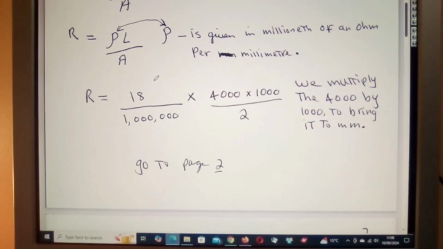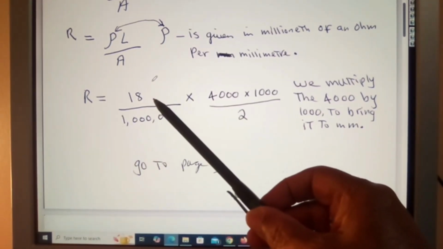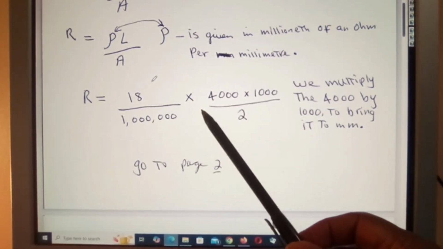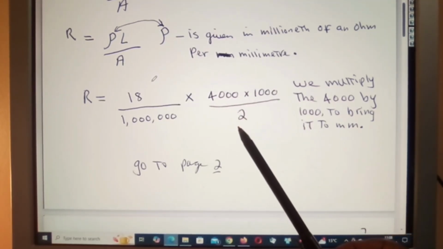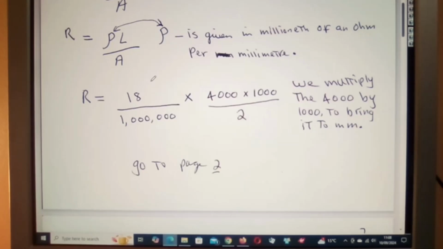So what I'm doing here is R equals 18 over 1 million times 4,000 times 1,000 over 2. Now, why over 2?